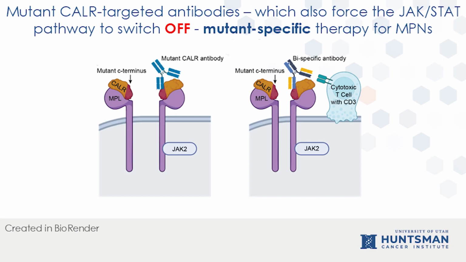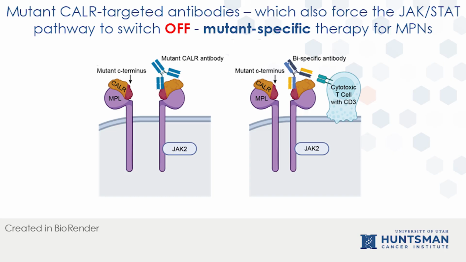So my favorite protein, CALR, is a completely different approach. What we know about mutant CALR, as I said, is it binds to the thrombopoietin receptor and activates it. Because it's on the surface of the cell, we can target this in a different way.